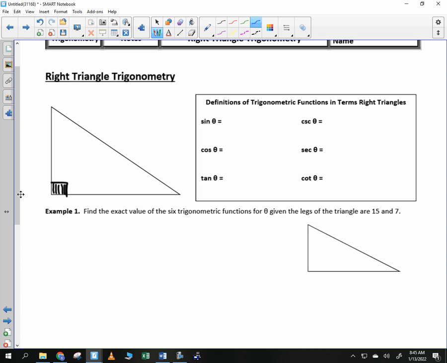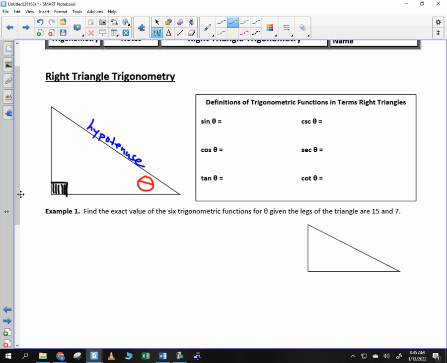The hypotenuse is always the longest side. It is across from the 90-degree angle. The other 2 sides depend on which angle we are talking about. I would like to place the angle at the bottom here. I'm going to call it theta.